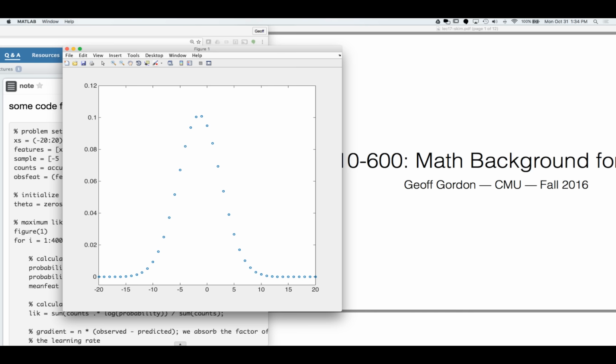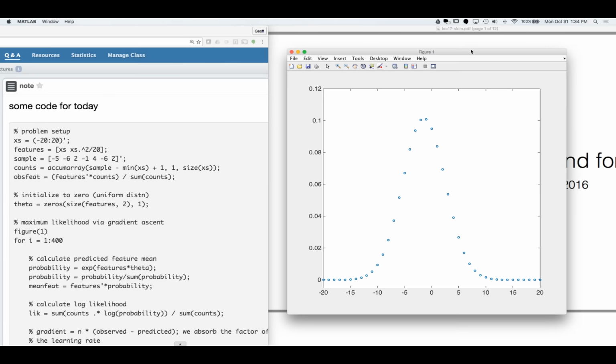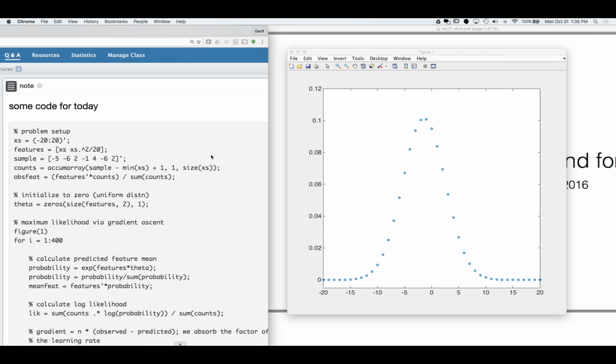All right, so let me move that over like this, and we'll take a look at the code, so you can see what's going to happen. I've posted the code to Piazza. This line here sets up the set of points that we're going to have a distribution over. It's the integers from -20 to 20. Here are the features that we're using.